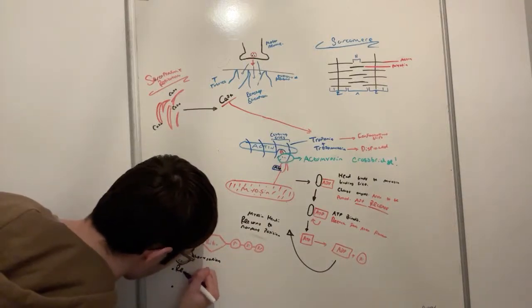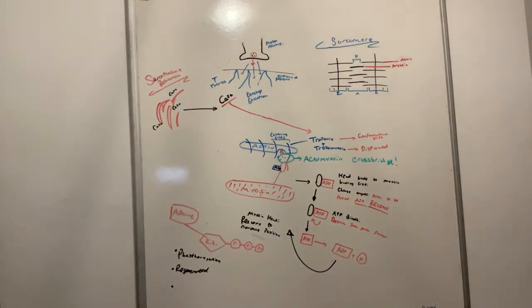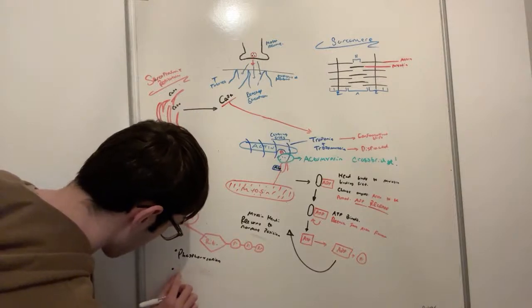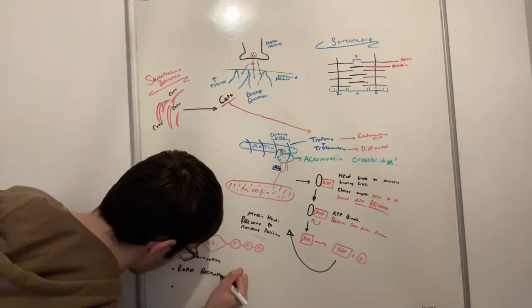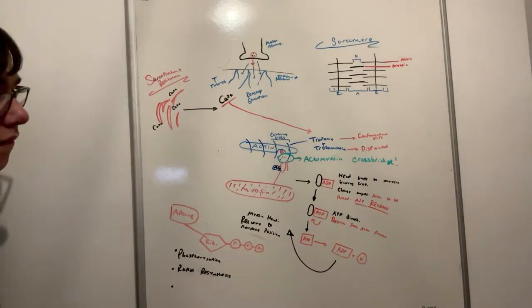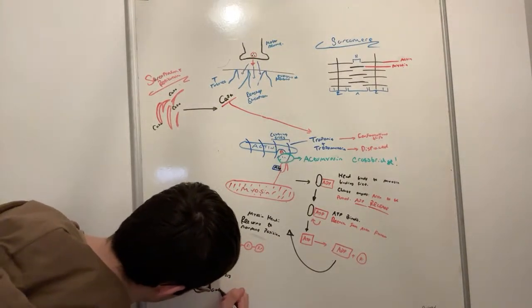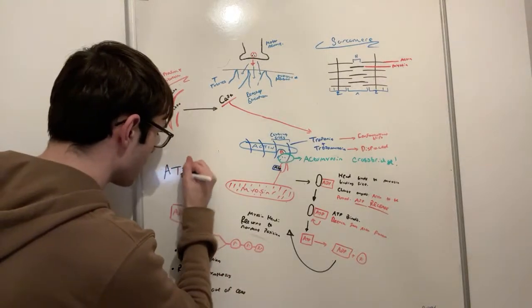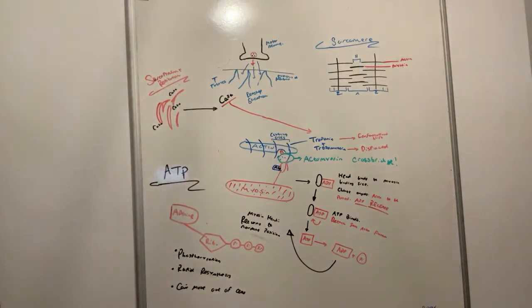It can easily be regenerated by a condensation reaction, rapidly resynthesized. And it also cannot move out of cells. So that is adenosine triphosphate.